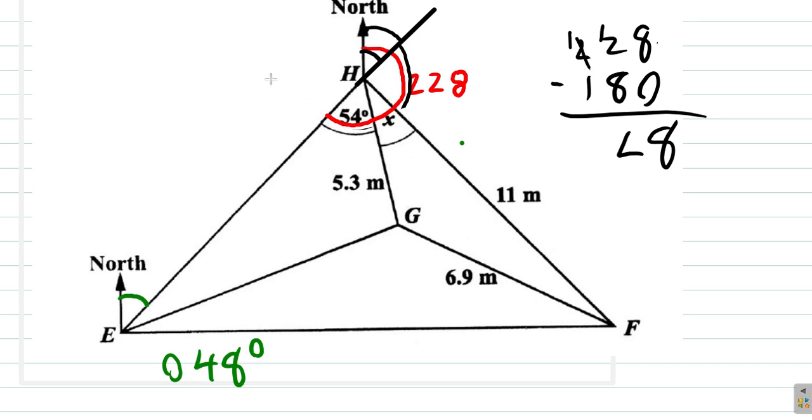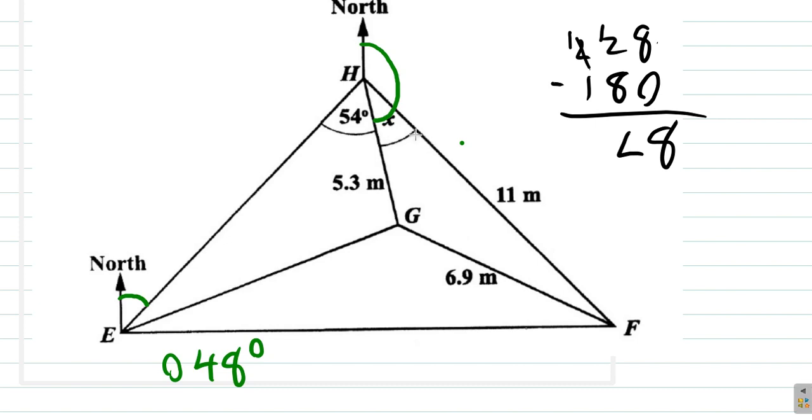This is kind of crowded. So here, the angle we want is really this, that angle. That's the bearing of G from H.